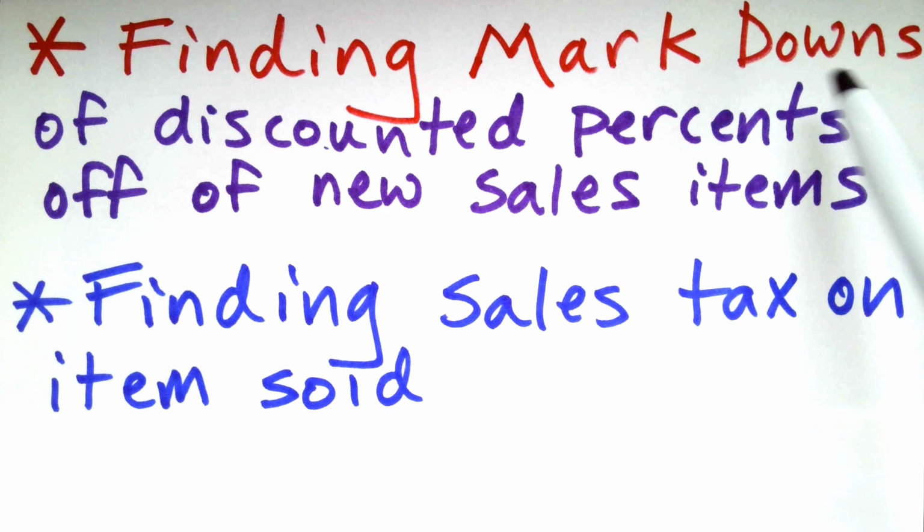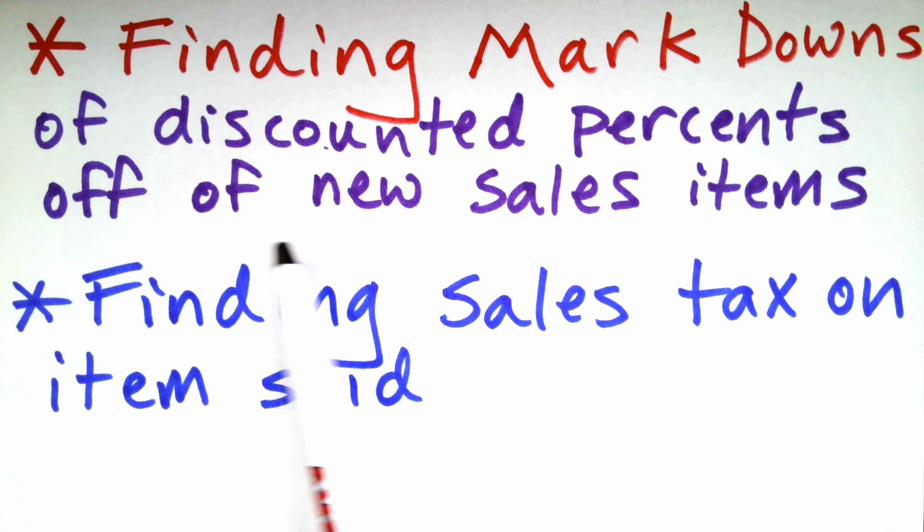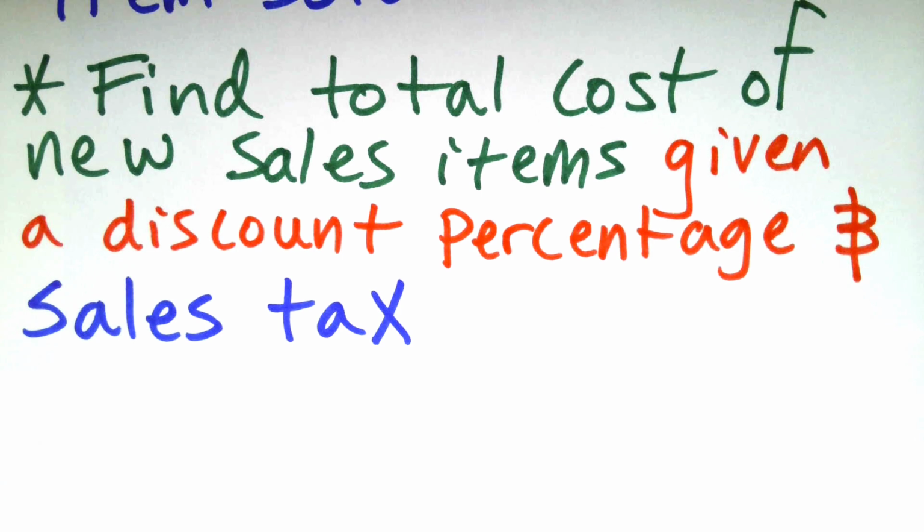Finding markdowns of discounted percents off of new sales items. Finding sales tax on items sold. Finally, find total cost of new sales items given a discount percentage and the sales tax.